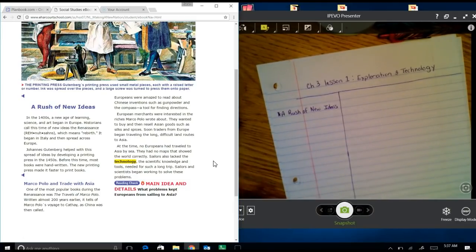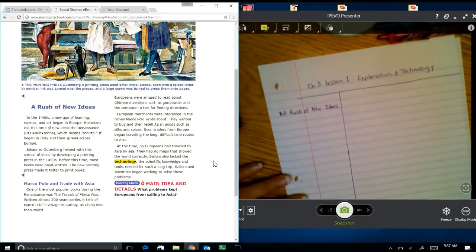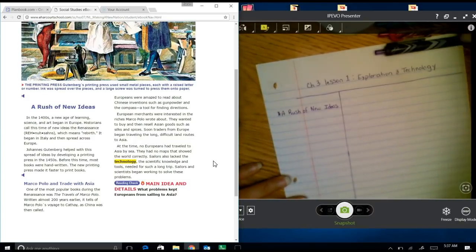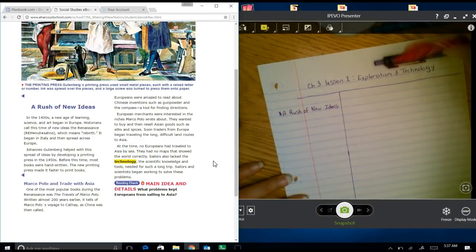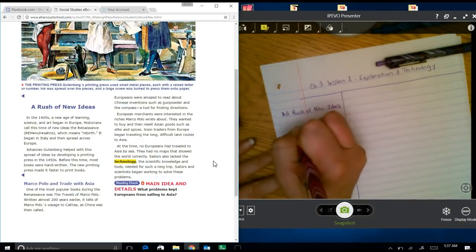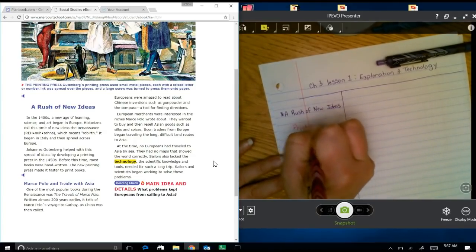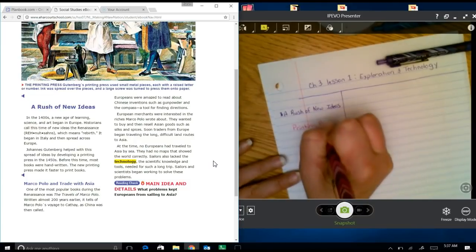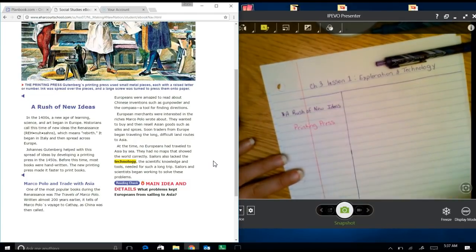Okay, I noticed they talk about the printing press and how it changed the world. I'm going to put the printing press in pink because pink is going to be my colorful vocabulary. So I'm going to write the words printing press here because I think that, while maybe not one of the vocabulary words from the chapter, it is still going to be a very important vocabulary word.